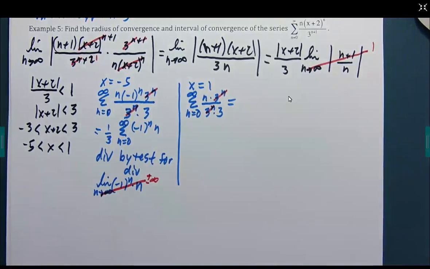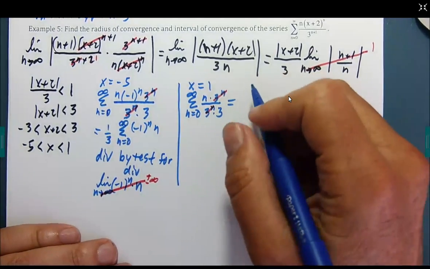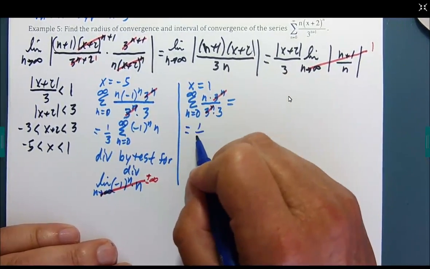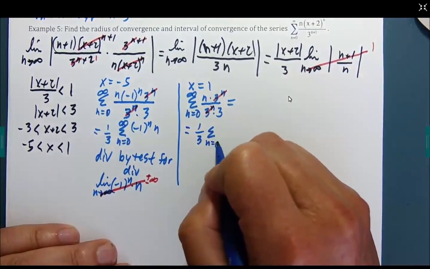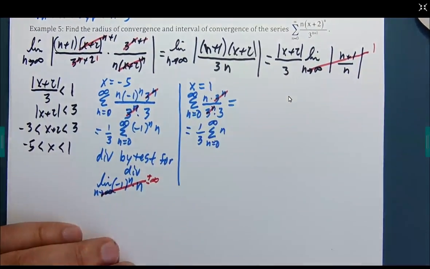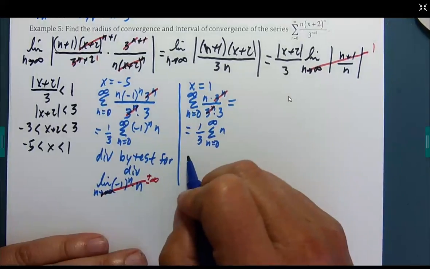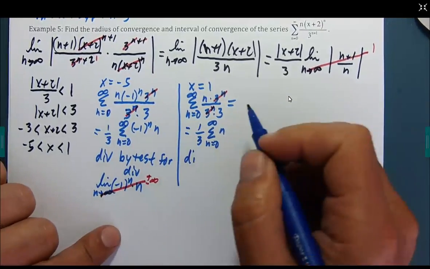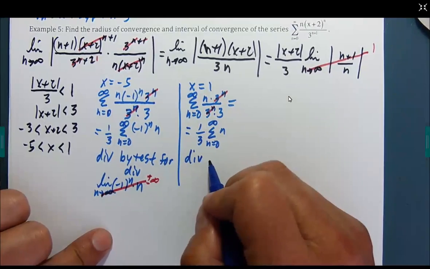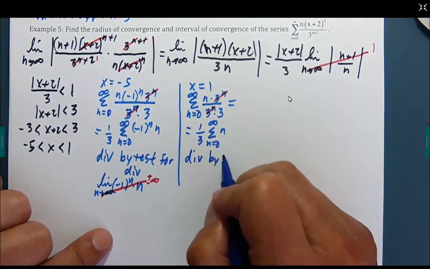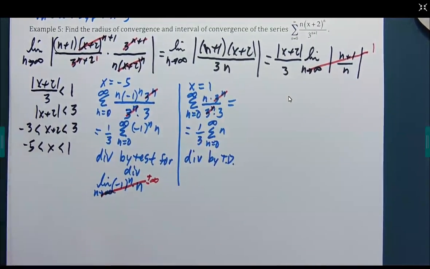We are left with 1/3 summation n equals 0 of n. And this is divergent for the same reason. That limit of n is going to go to infinity. This is divergent by the test for divergence. So we're not going to include either endpoint.